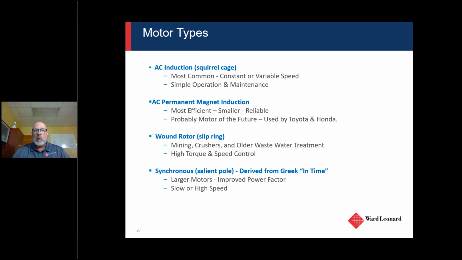It's a real workhorse of the industry, but the downside is the maintenance cost. They typically have multiple carbon brushes and a segmented commutator that has to be maintained. The carbon wears and puts off dust. They have to have blowers that go in and cool them.